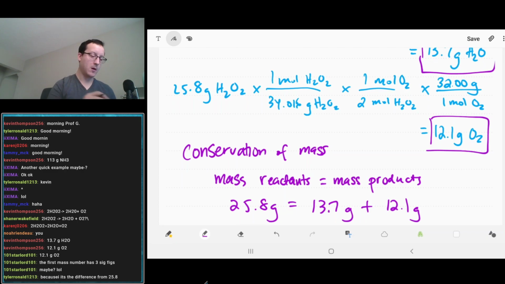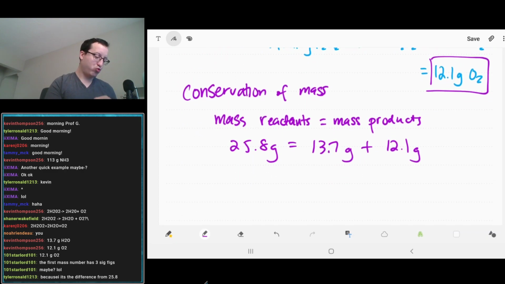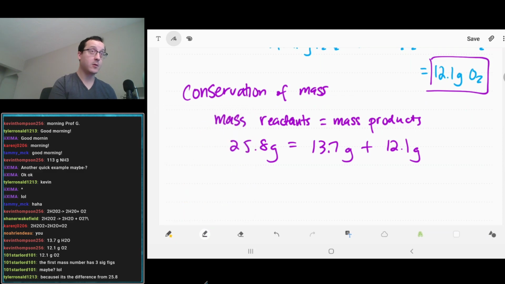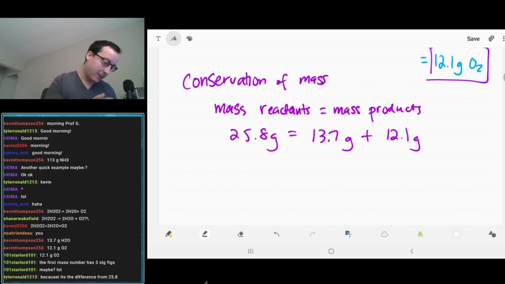Alrighty. Let's do another one. Okay. So, what's a fun reaction? How about we do a synthesis reaction this time.